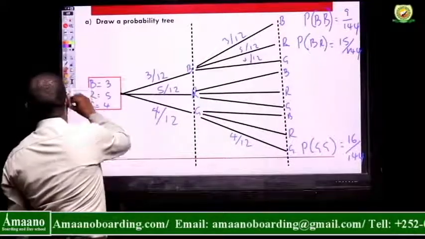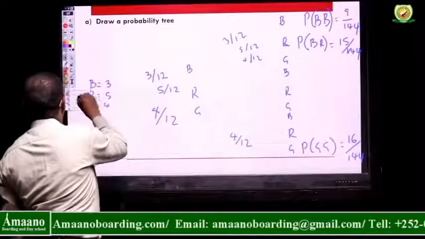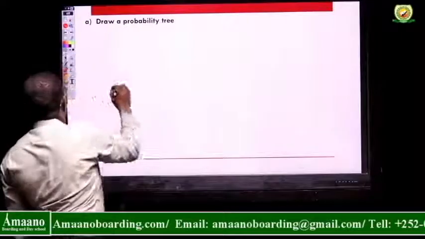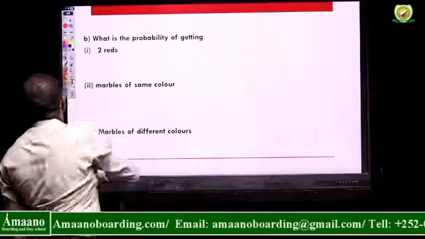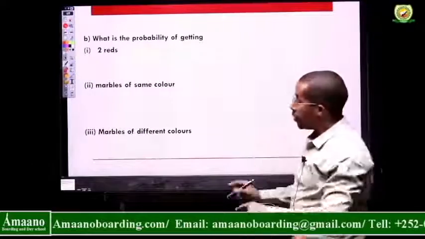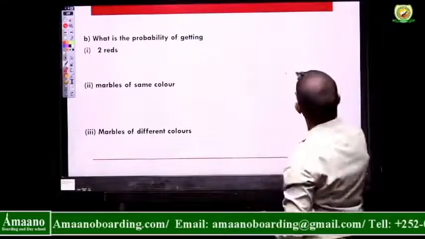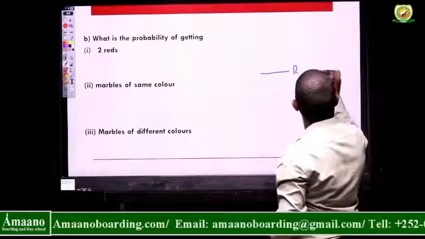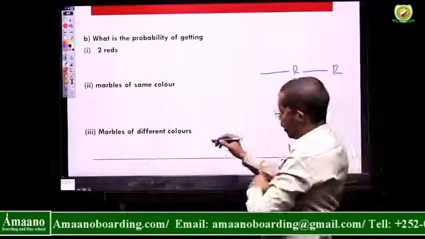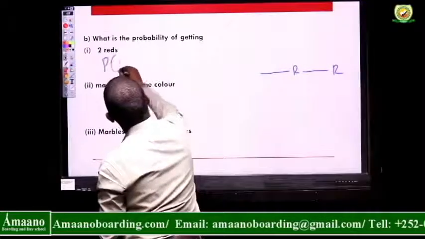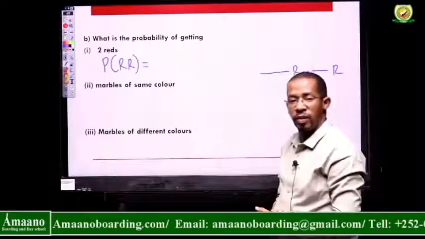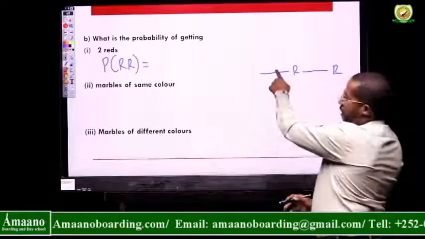Now let us see the questions that follow after drawing the probability tree diagram. The first question says, what's the probability of getting 2 reds? You go back to the other tree, you see the part where you had R and R. So this is the probability of R. You check the number that was here.